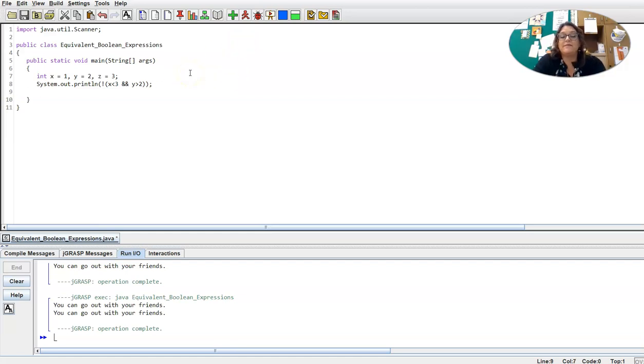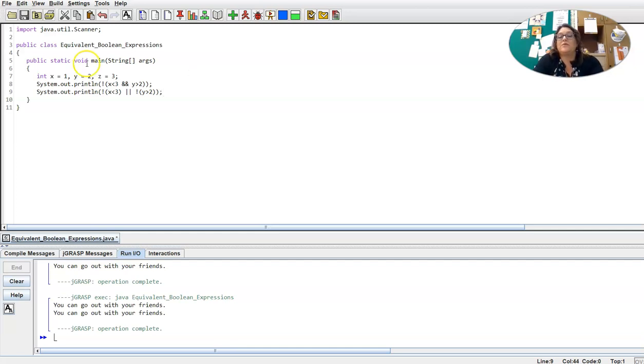Now let's see if we can write another equivalent expression. So if we apply De Morgan's, right, we can distribute that not operator to the x less than 3. We change the and to an or, and then our y greater than 2.